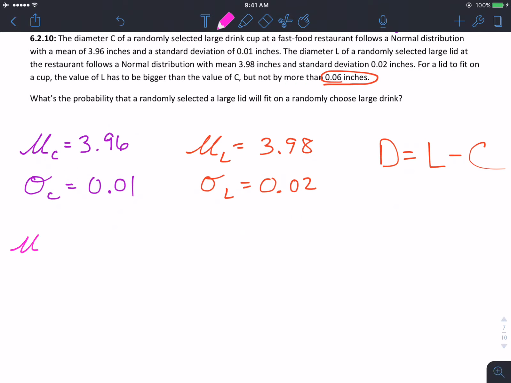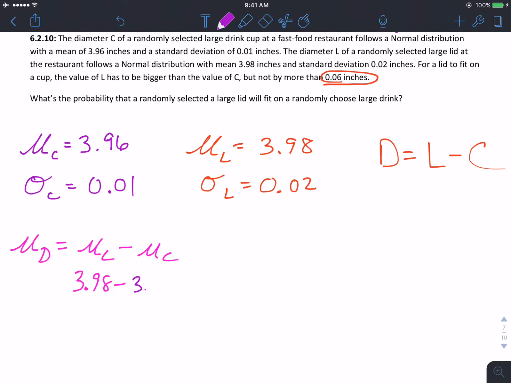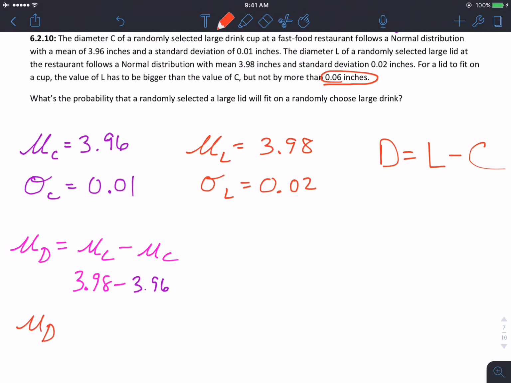So our mean of D is just going to be the mean of L minus the mean of C. And if you go ahead and do that math, our new mean is right there. And now we need to go ahead and get the new standard deviation.